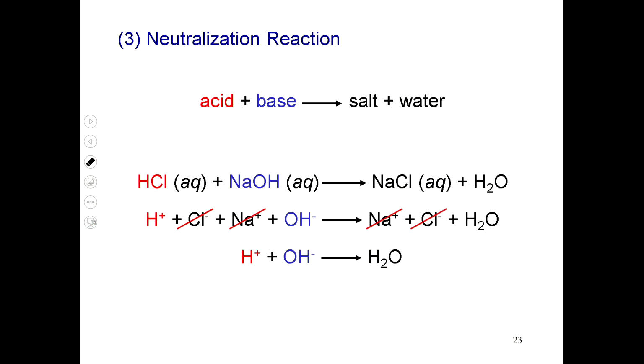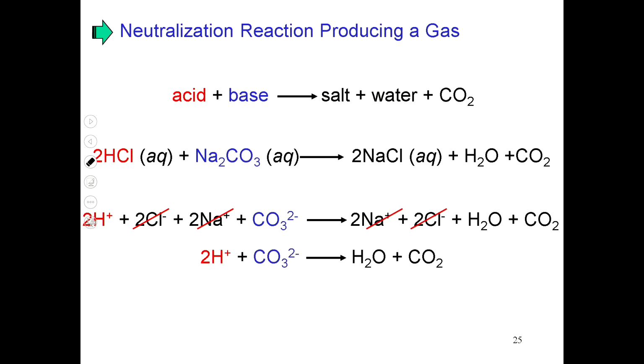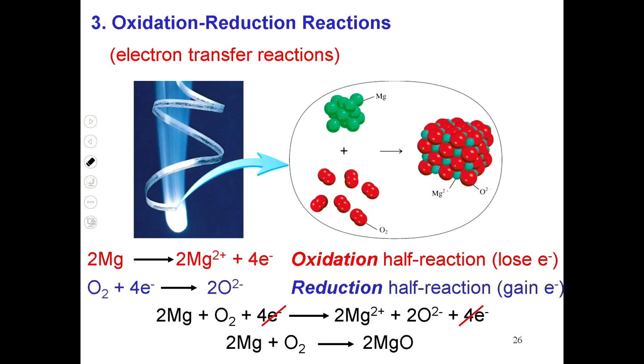For strong acids and bases, it's very simple, like this. But if it's a weak acid, like this. And if it's a weak base, you write the proton here and the weak base here. And for acid-base reactions that release gas, the gas will leave the solution, and its equation will include the gas. Okay, so this is the second one.